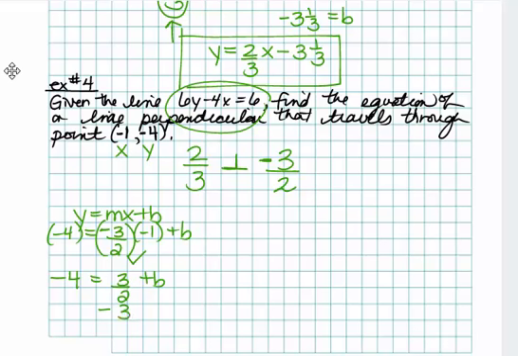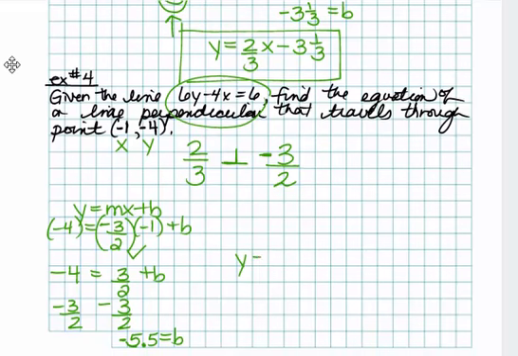Take away 3/2 from both sides. 3/2 is the same as 1 1/2. So negative 4, take away 1 1/2 is going to give me negative 5 1/2. Again, something I probably would not want to graph, because it wouldn't work out nicely.